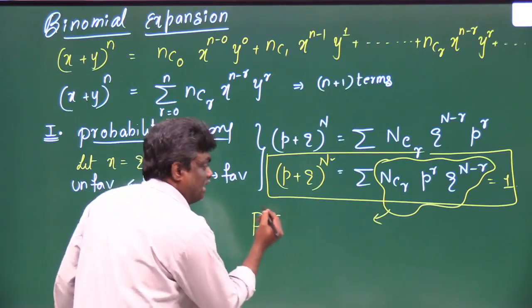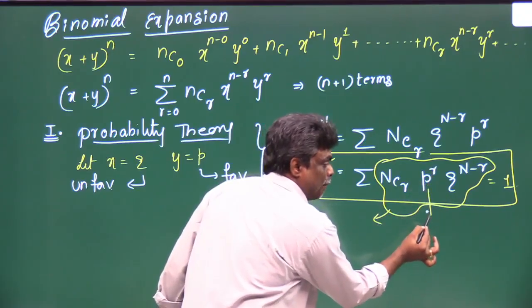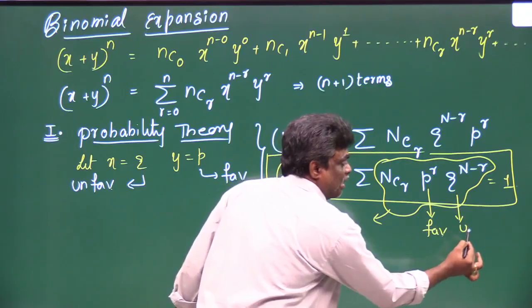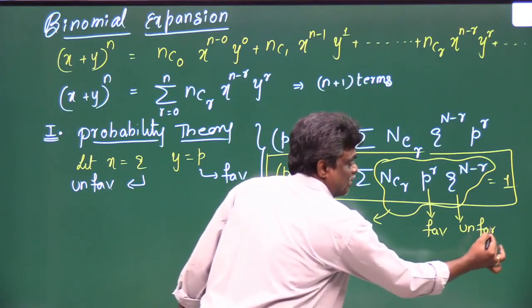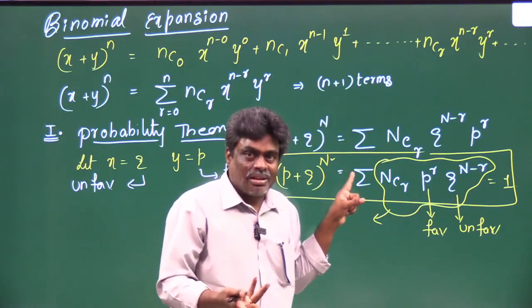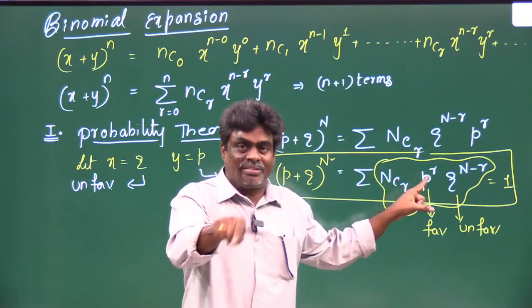Out of those N times, how many are in your favor? See this carefully: P stands for favor and Q stands for unfavor. That means you tried capital N times, and R number of times in your favor.